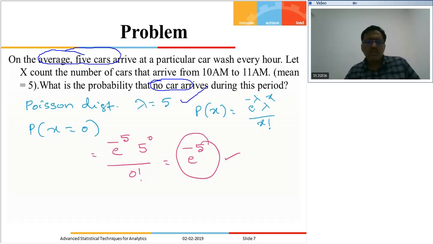What we want to find is the probability that random variable X takes the given value. Here lambda is given actually.